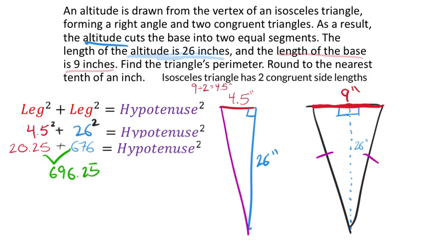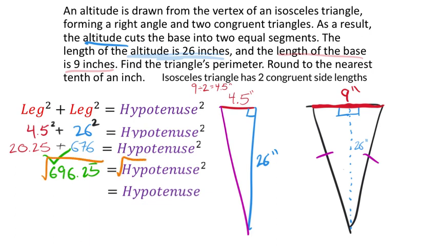Now that's the hypotenuse as a square. We do not want the hypotenuse as a square. What we want is just a regular old-fashioned hypotenuse. So to get that length, I'm going to need to square root both sides here. All of it. So the square root in my calculator of 696.25, enter, and I get this number.